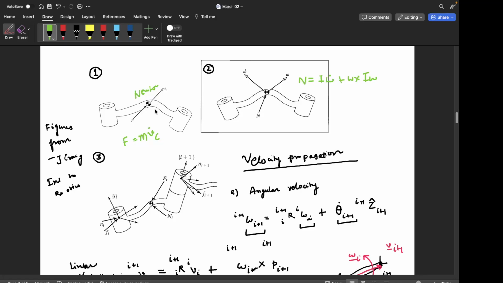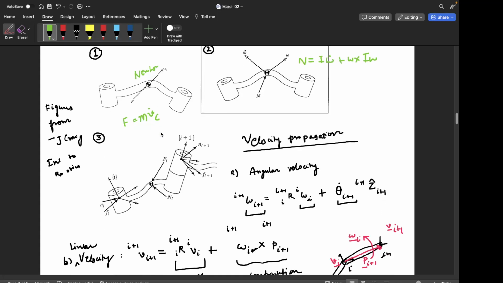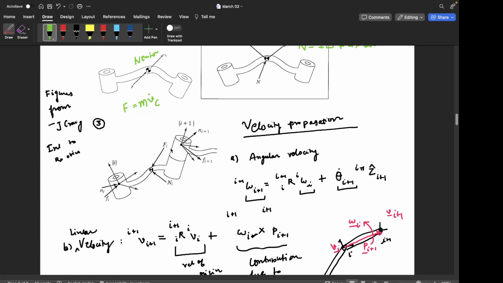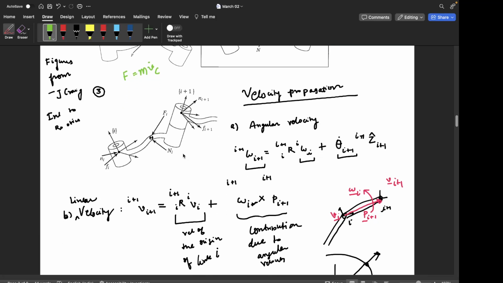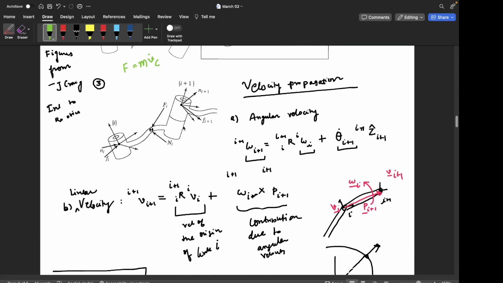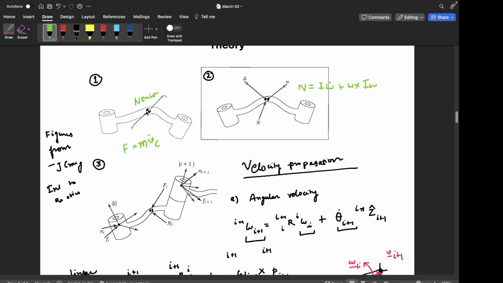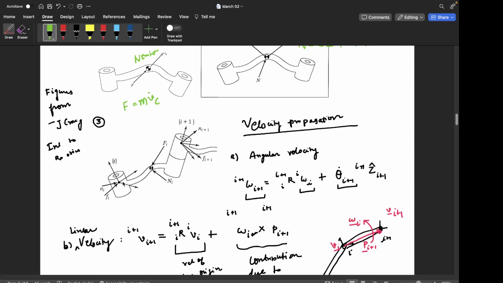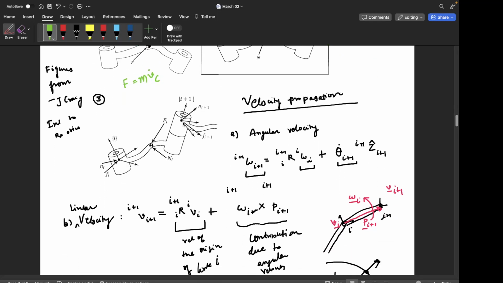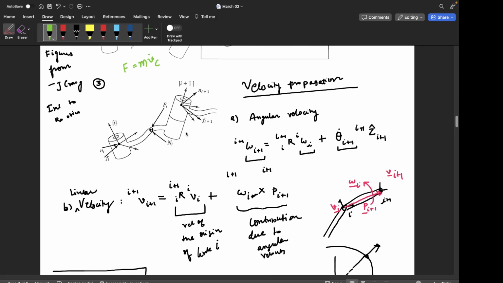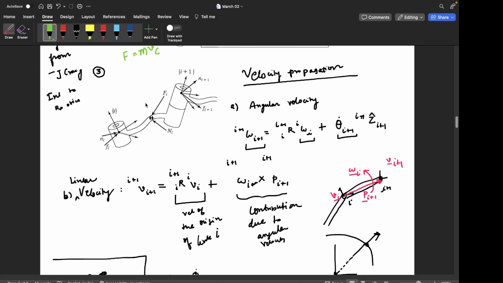But what we actually need to calculate is the joint torques because that's the thing which we apply. We apply joint torques on manipulators. We don't apply forces on the center of mass. So in order to generate these kind of forces and torques on the center of mass, what are the forces and torques at the joints? That is what we get in the inward iteration.